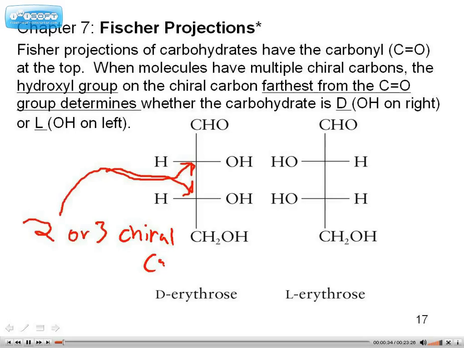And we will try to determine whether the molecule is either going to be a D or L enantiomer.